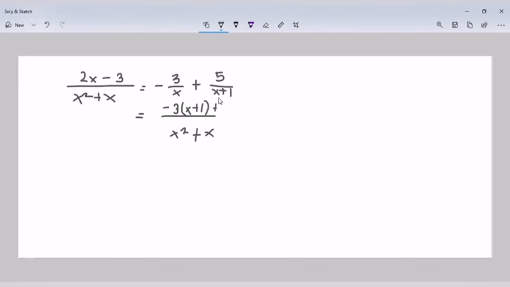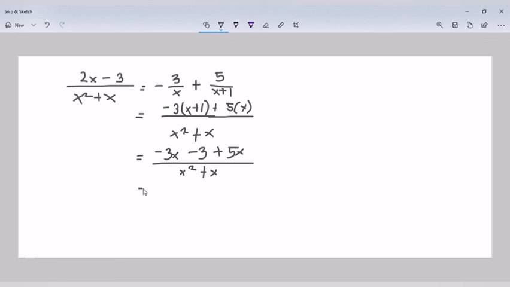Then same as the first, x squared plus x divided by x plus 1 gives us x, so 5x. And then distributive property, distribute negative 3, so that gives us negative 3x minus 3 plus 5x all over x squared plus x.